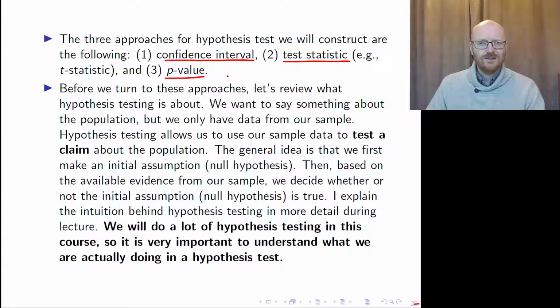is about. So for example, we want to say something about the population, but we only have our sample estimate, right? But given the central limit theorem, we can use the fact that these estimates are drawn from a normal distribution.